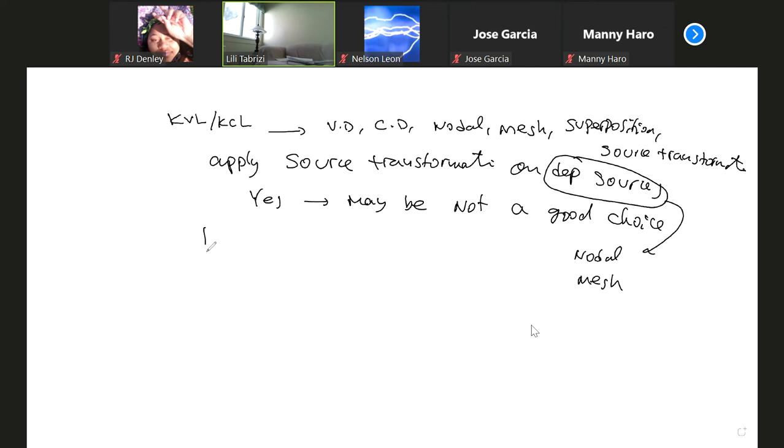Let's say we have part of the circuit. Let's say we have a dependent current source, which is not a constant value. Let's say it's 2 times some voltage V1 someplace in the circuit, and let's say this is 2 ohm. I'm not going to give you the complete circuit, just a portion of it.